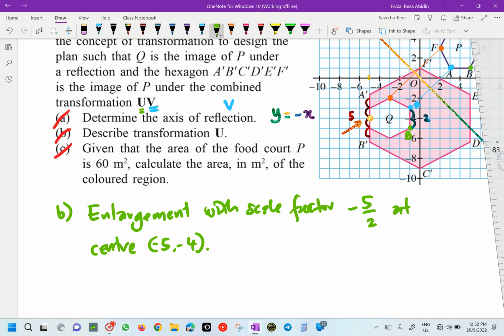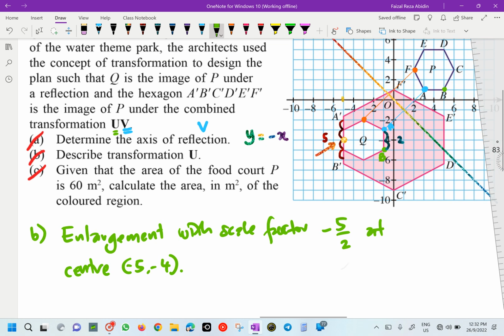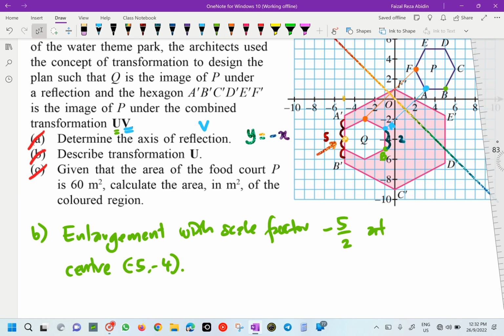Okay, given that the area of the food court P is 60 meters square. Okay, 60 meters square is going to be what, girls? The object. This is the area of the object. The question: calculate the area in meter square of the colored region.